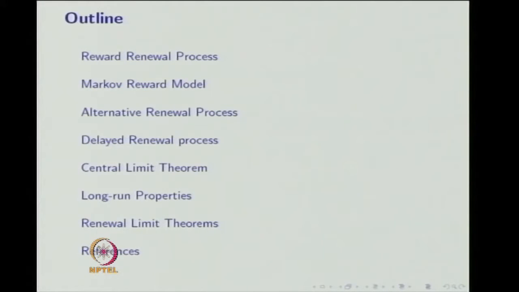With this, we are completing the generalized renewal processes. In the second half, we are going to discuss the central limit theorem, long-run properties, and the three important renewal limit theorems.